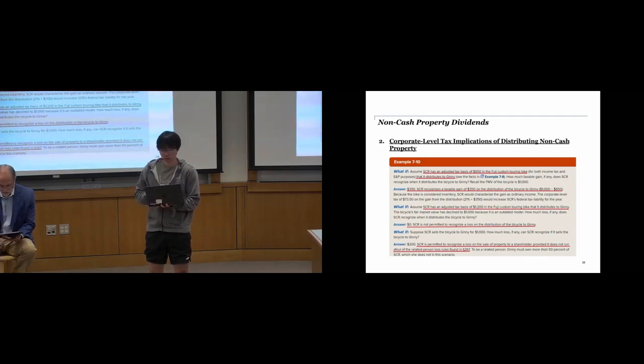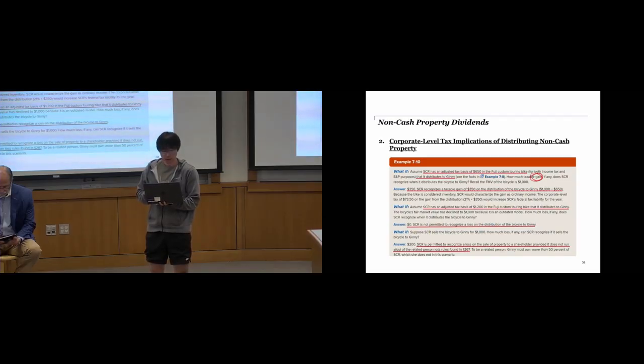So I just want to find how much taxable gain, if any, SCR recognizes when it distributes the bicycle to Ginny. And recall that the fair market value of the bicycle is $1,000. So we see that SCR recognizes a taxable gain of $350 on the distribution of the bicycle to Ginny, which is the $1,000 minus the $650. And because the bike is considered inventory, SCR would characterize this gain as ordinary income.